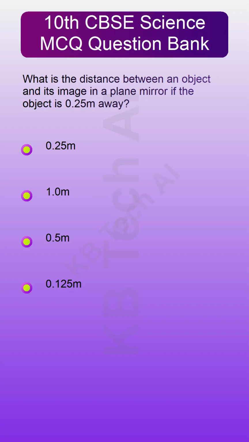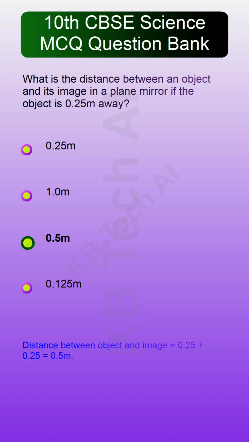What is the distance between an object and its image in a plane mirror if the object is 0.25 m away? Option 1, 0.25 m, Option 2, 1.0 m, Option 3, 0.5 m, Option 4, 0.125 m. The answer is, Option 3, 0.5 m.